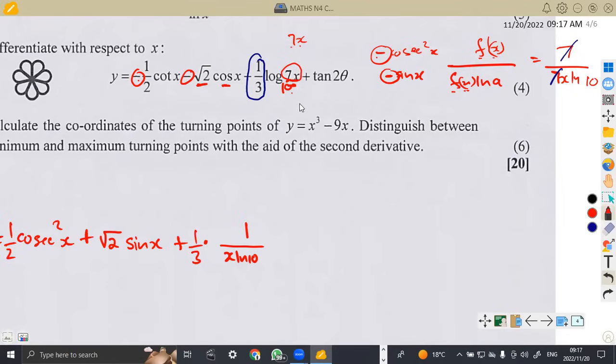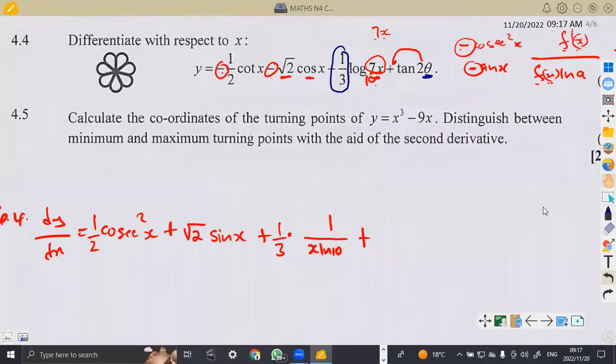Okay, then we move on to tan. Remember tan gives us sec squared, but this tan that we have does not have x. There is no x here, there's a theta, so it is a constant now.